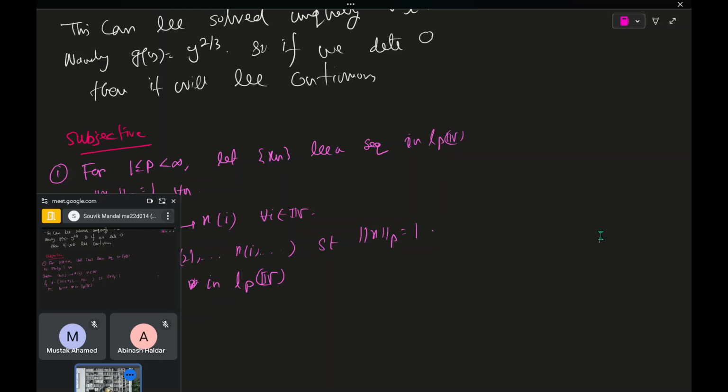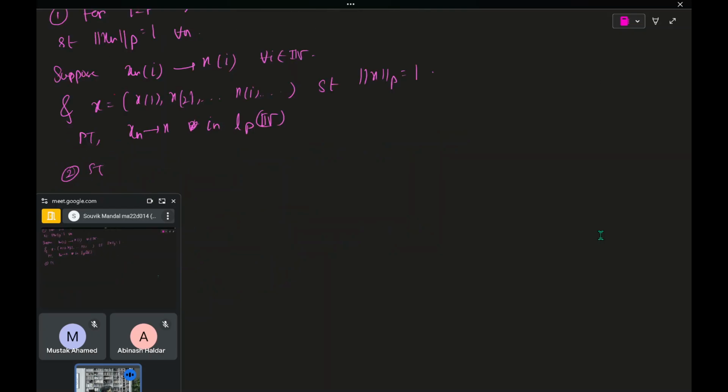Now the second part is to show that a similar situation is not true for the supremum topology. So how to prove?